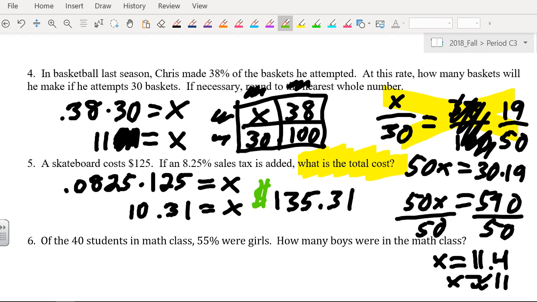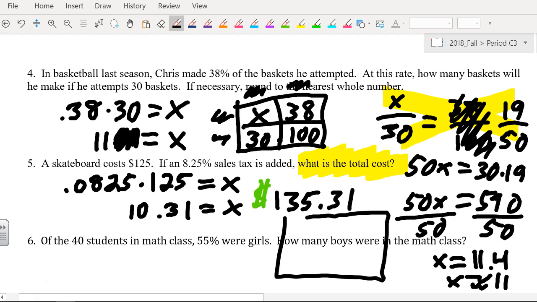Who's using the box method? Raise your hand. Okay, I'm just going to do that in case people are super box method people. So put 100 here. 125 is on the bottom. We're finding the 8.25% of 125. Alright, I don't feel like finishing it though.